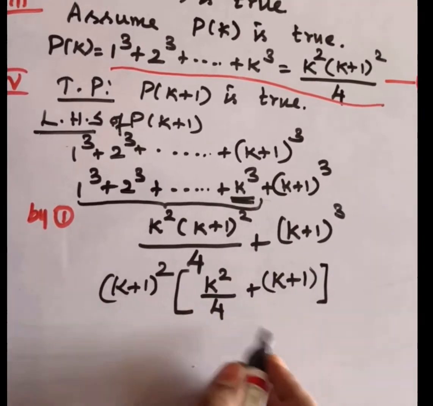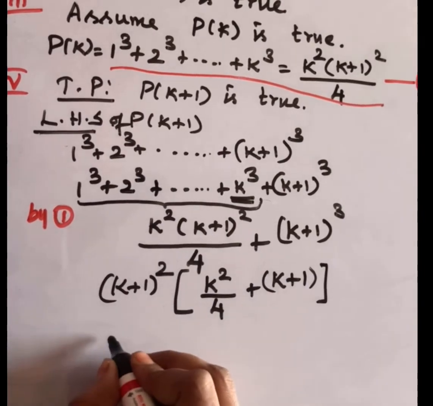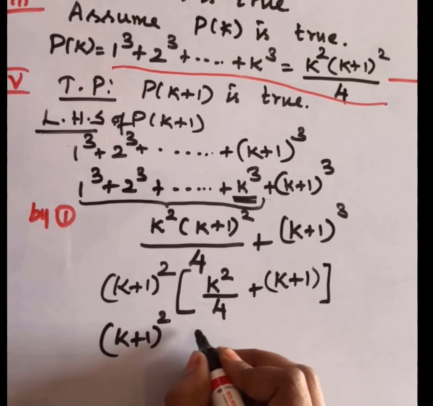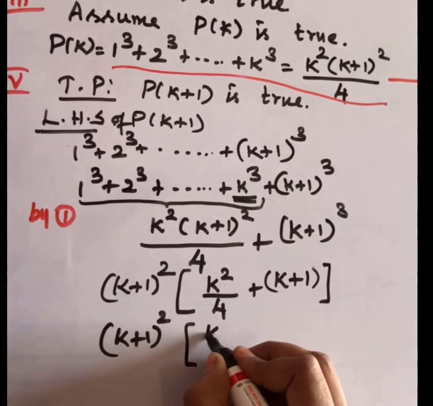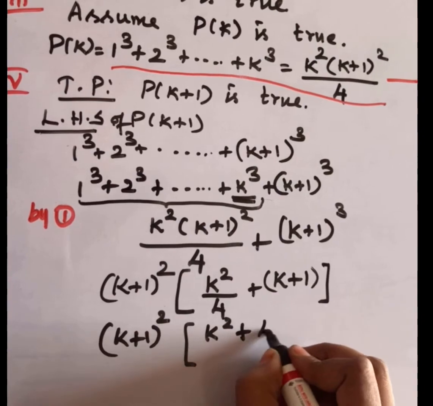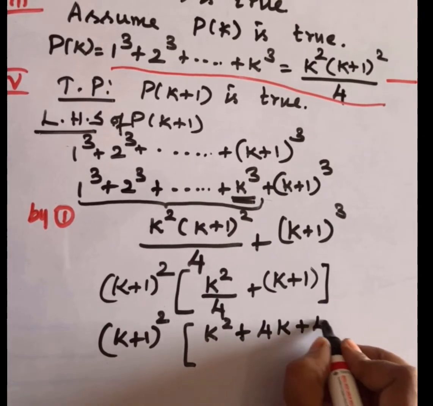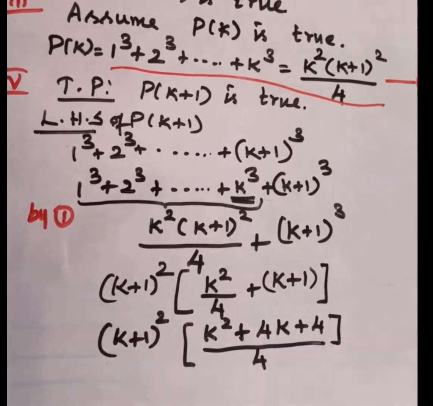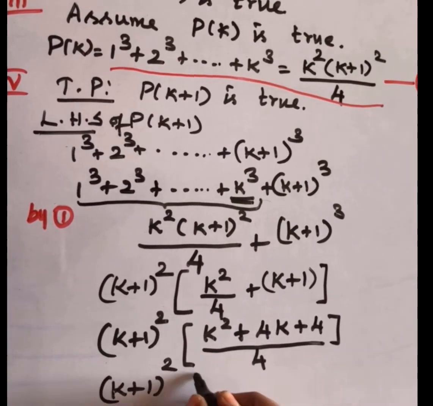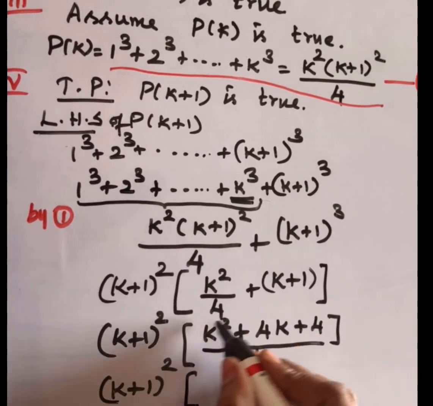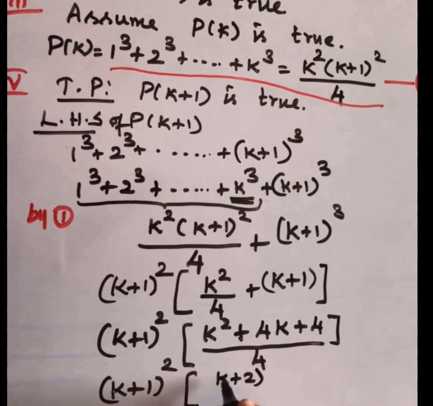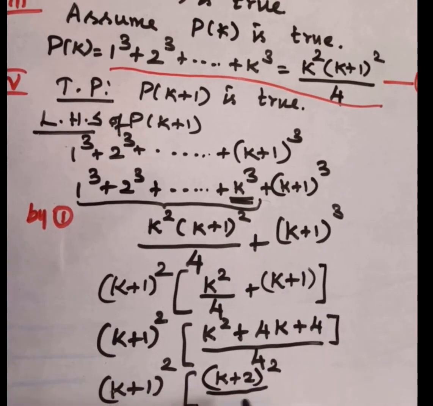Now, we can take 4 as LCM. So, k plus 1 the whole square into k square plus 4k plus 4 divided by 4. I take 4 as LCM. That is equal to k plus 1 the whole square into, I can write k square plus 4k plus 4 as k plus 2 the whole square divided by 4.